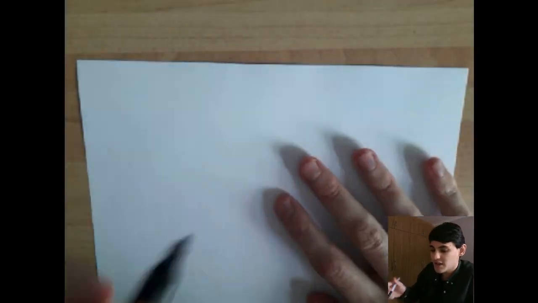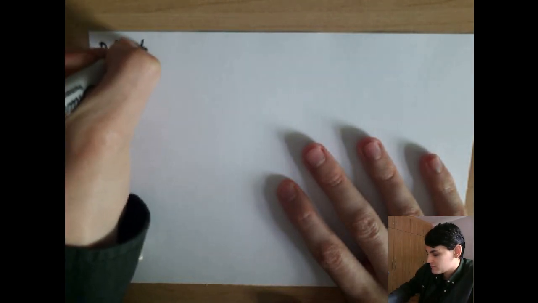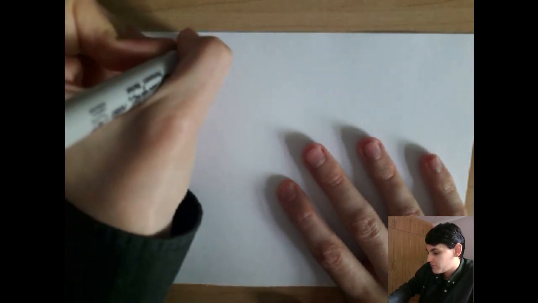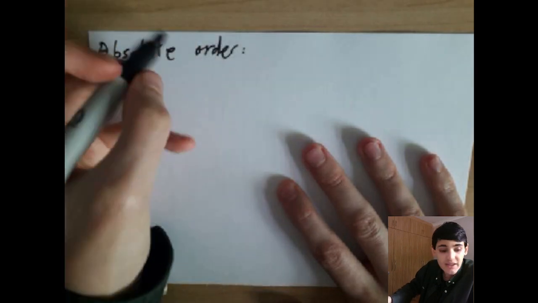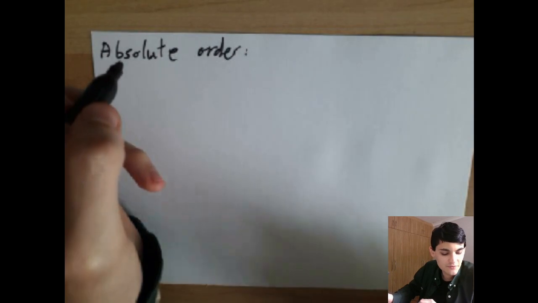Now that we've got a length function, we can go ahead and define the absolute order, which is given by the following.